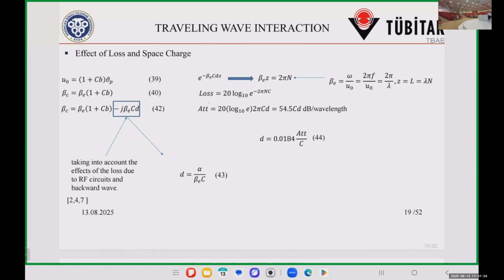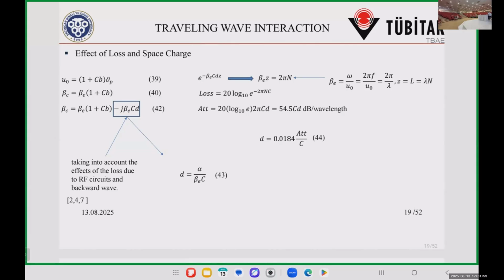So we can define loss here: 20 logarithm e to the minus 2 pi n C. So we can write attenuation in dB form here, 54.5 CD dB per wavelength.